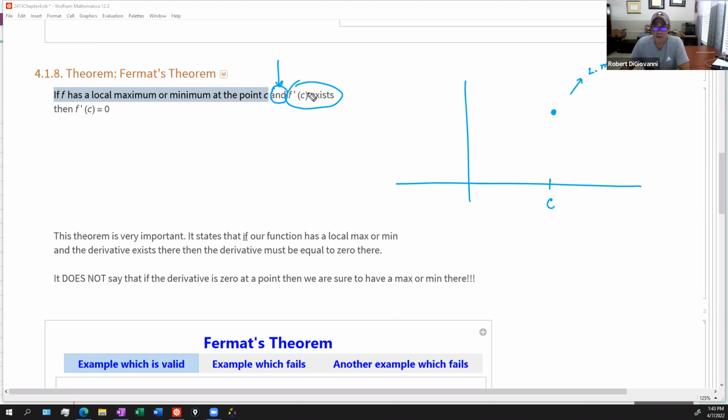All right. So we've got a local max here and our derivative exists. The conclusion is that the derivative there must be zero then. Meaning that the slope of the tangent line at that point must be zero.